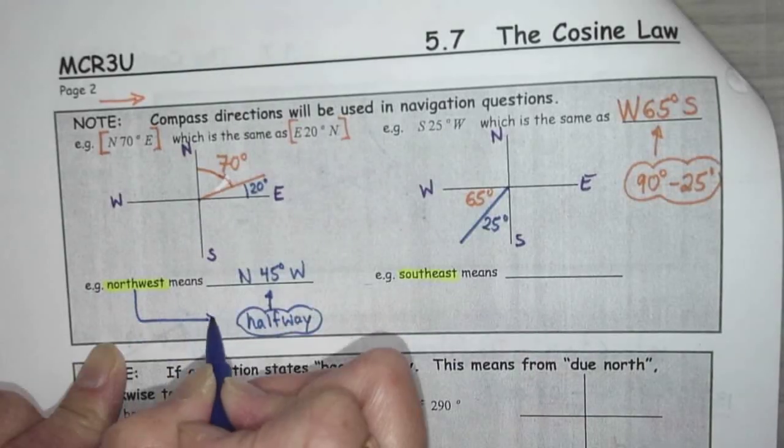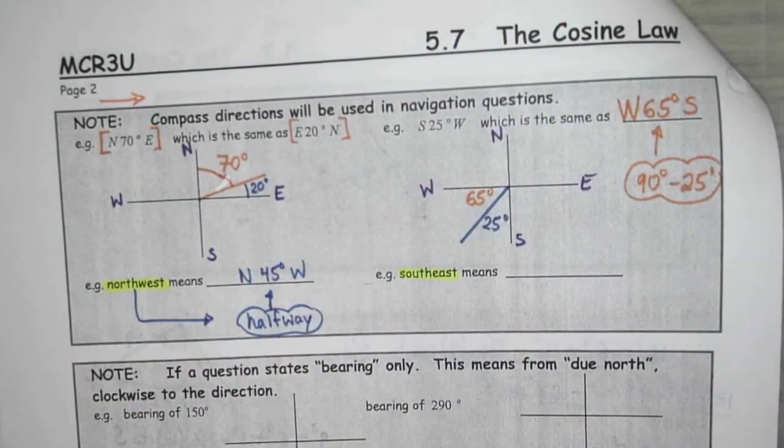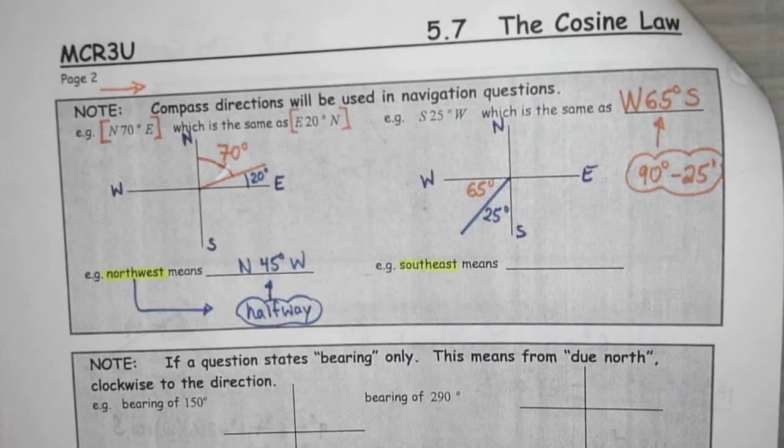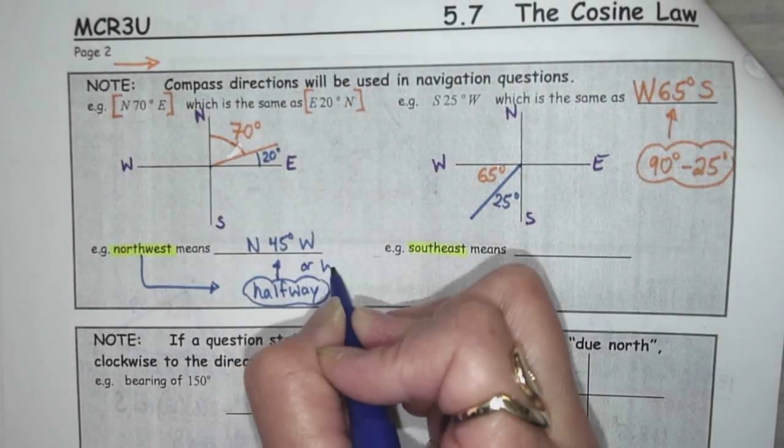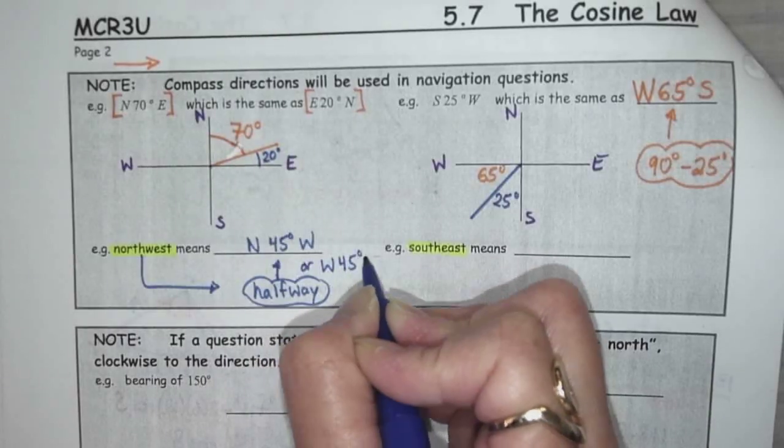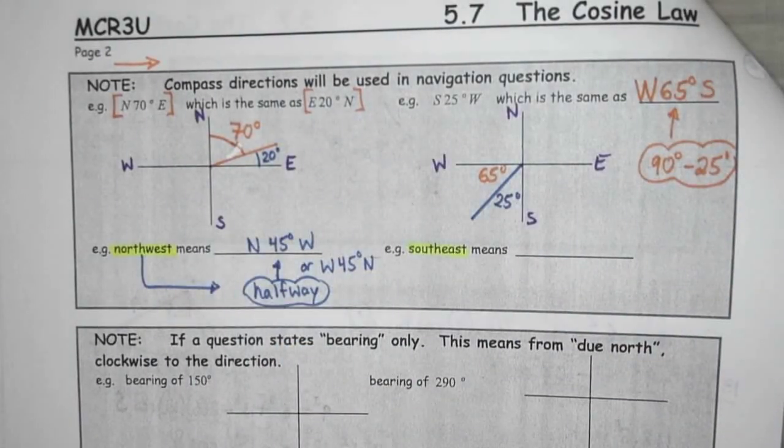So if it doesn't state it, it means it's exactly halfway. So both sides would be halfway. Right? So or west 45 north. Does that make sense? So if I don't say what to turn, then it's exactly halfway.